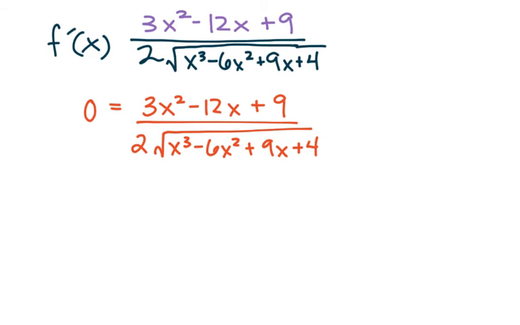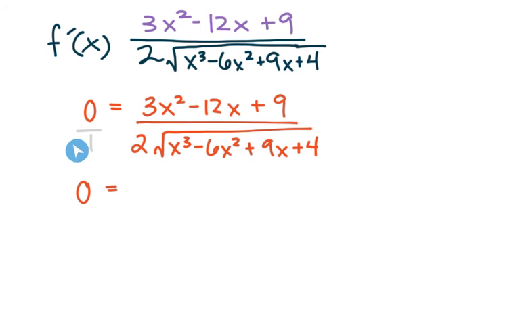Now, we want to solve this equal to 0. We have a rational equation. So right now, I'm going to treat this 0 like it's over an invisible 1. 0 over 1 is still 0. And I'm going to cross multiply. So 0 times the denominator, 0 times anything is going to be 0.